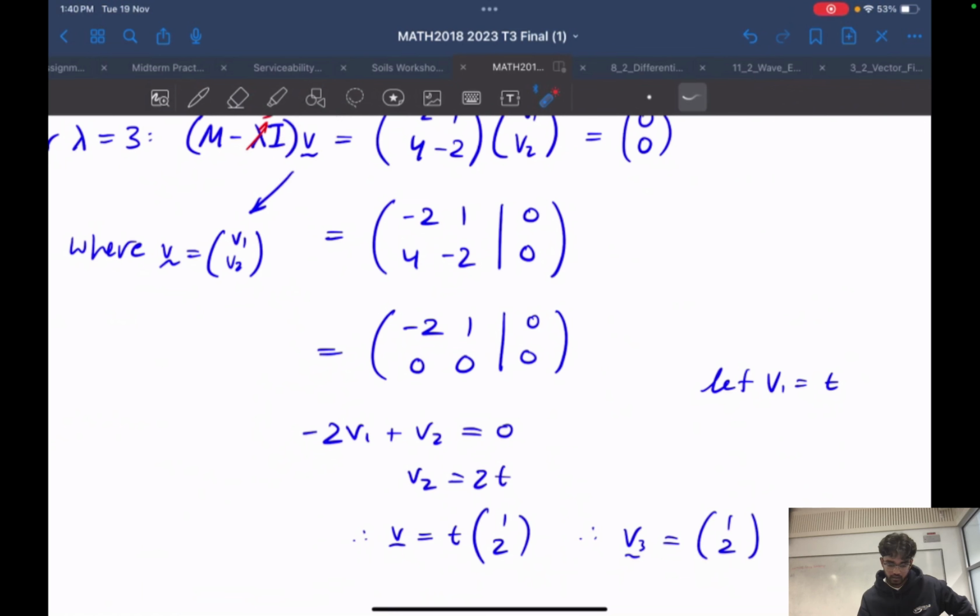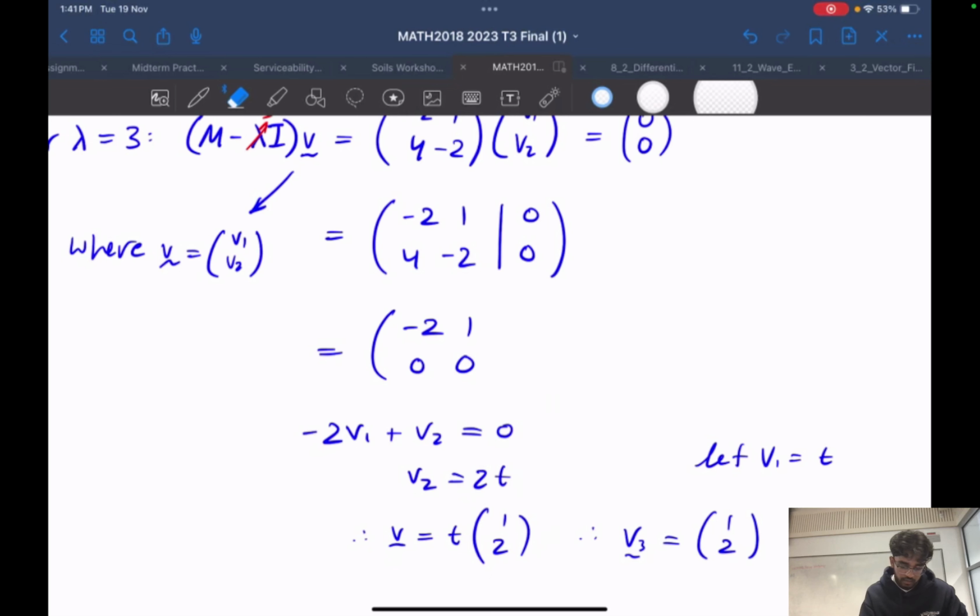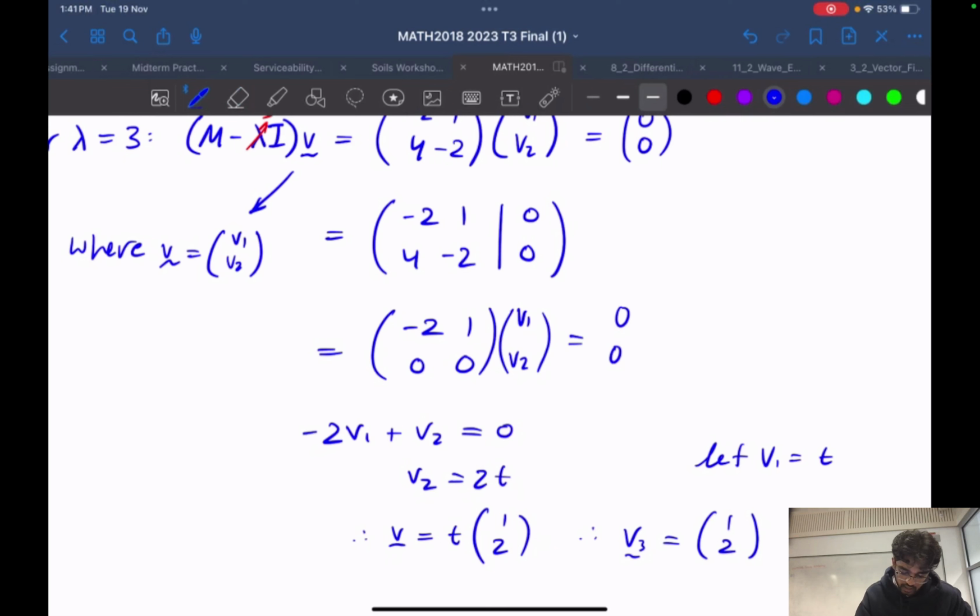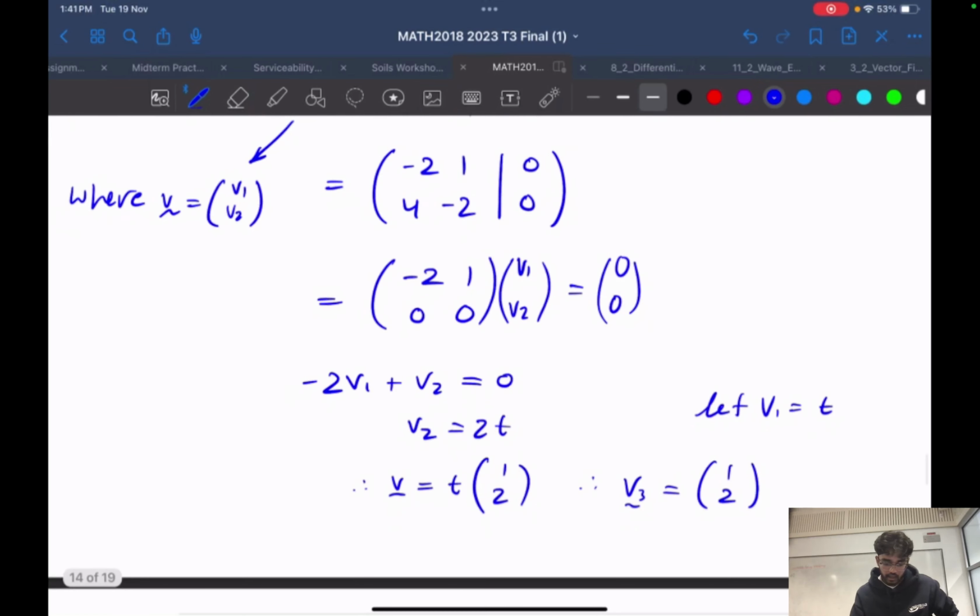So what I'm doing here, this is a terrible explanation, but I'll make it a bit easier to understand. And this is equal to the 0 vector, right? So the 0 vector, and pretty much we're solving that.